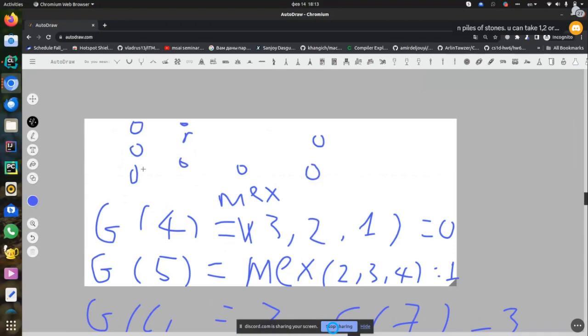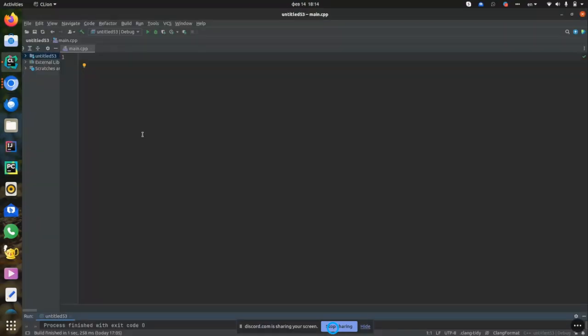We need to calculate the Grundy value for each pile, solve all of that, and we get the final solution. So let's code something here. We need to process this.